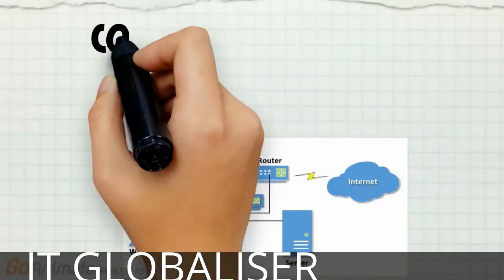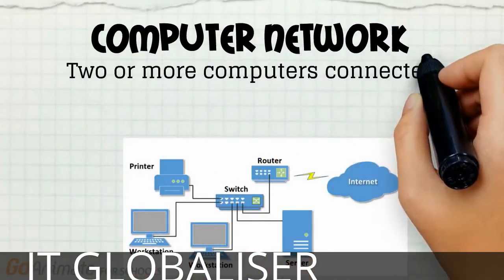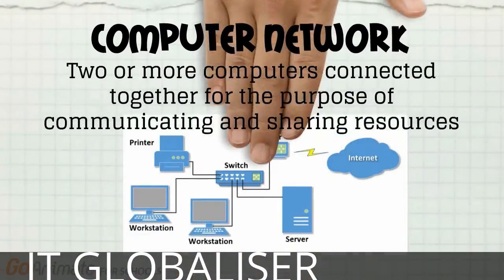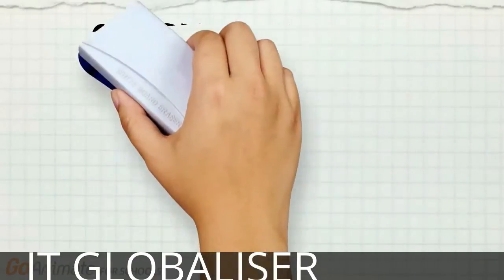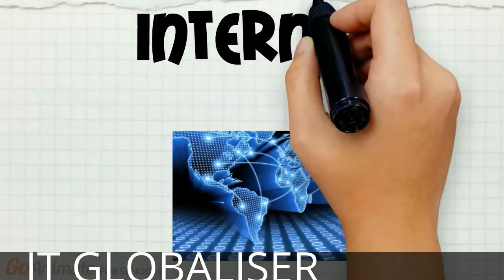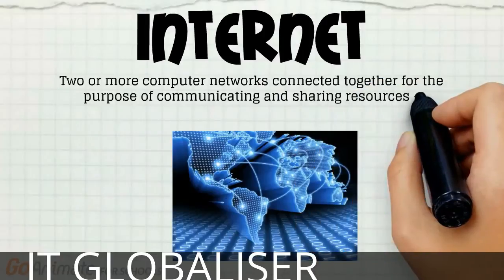A computer network is two or more computers connected together for the purpose of communicating and sharing resources. A network of networks is called the Internet.